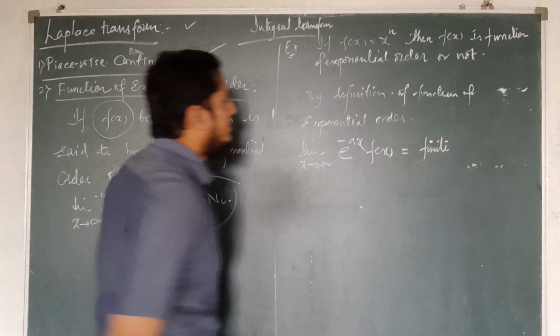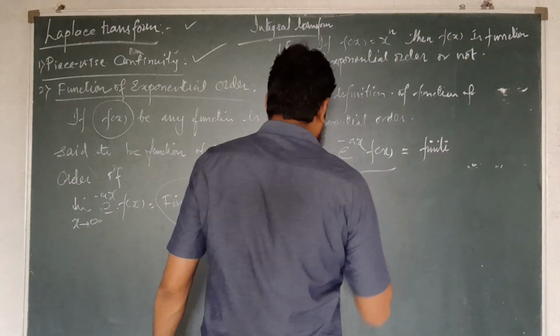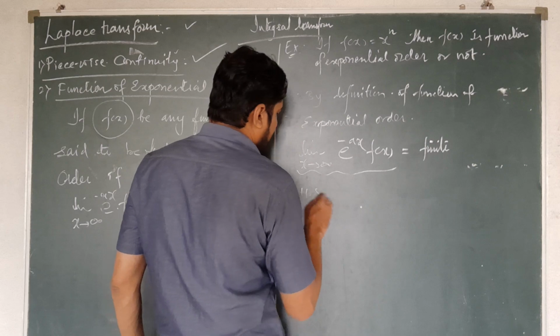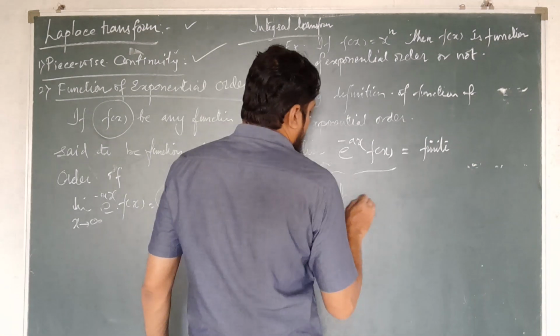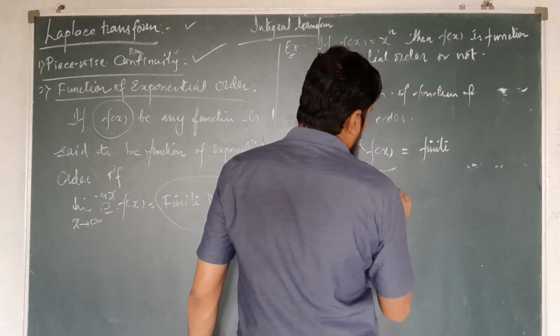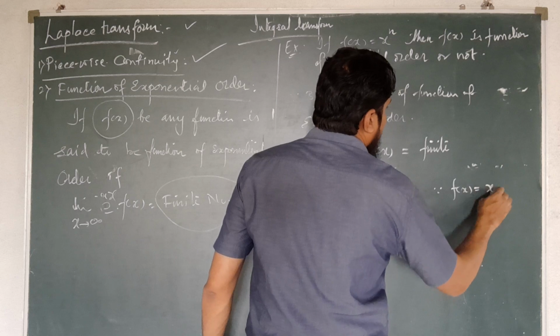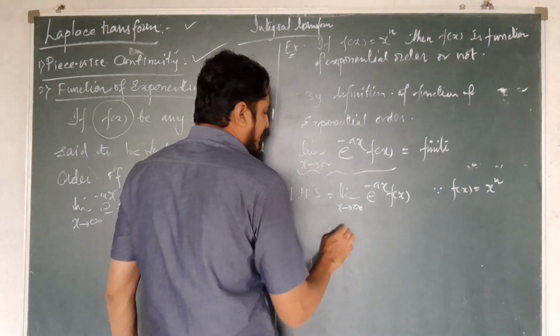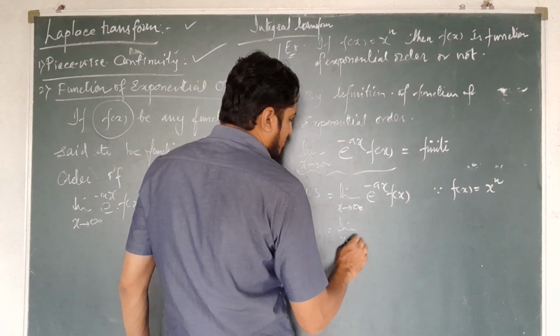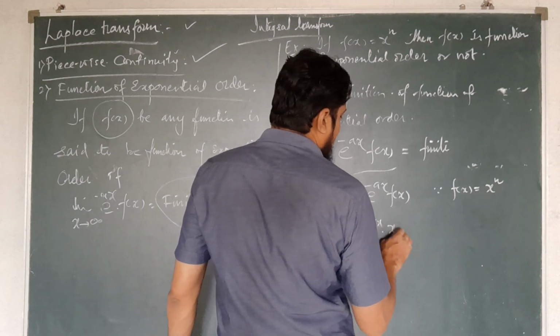Correct? So let's consider this left hand side: limit x tends to infinity e raised to minus ax f of x, and since f of x is given as x raised to n, we can write it as limit x tends to infinity e raised to minus ax into x raised to n.